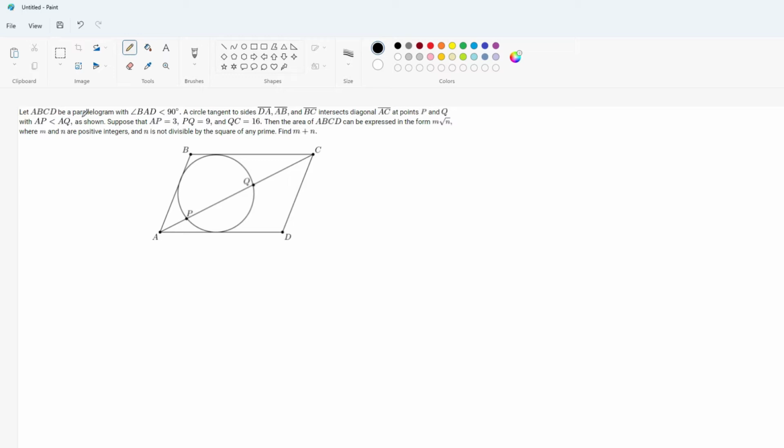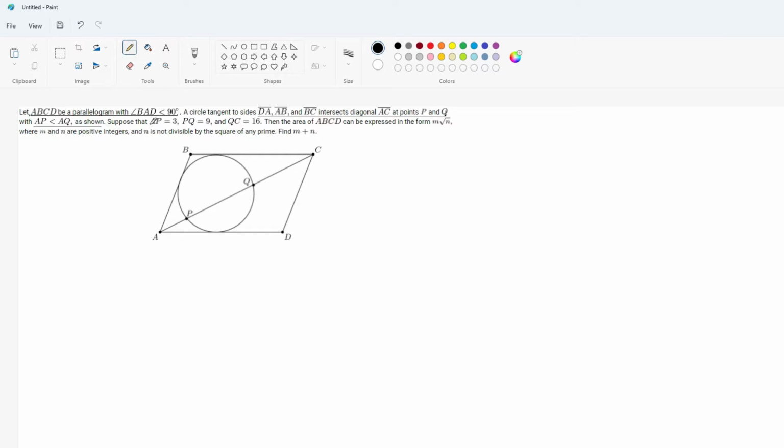Let ABCD be a parallelogram with angle BAD less than 90 degrees. A circle tangent to the sides DA, AB, and BC intersects diagonal AC at points P and Q, with AP less than AQ as shown.